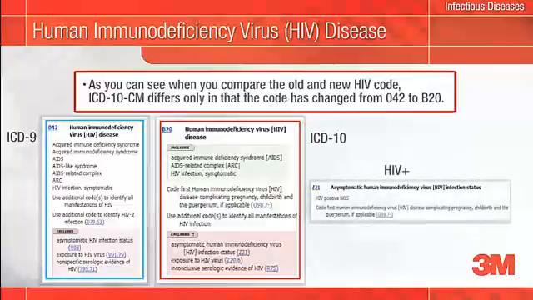There is a different code for HIV positive status, which indicates that the patient's condition has not progressed to AIDS. Therefore, it is important to accurately state your patient's condition as either HIV positive or AIDS, or other similar diagnoses such as symptomatic HIV infection or ARC.